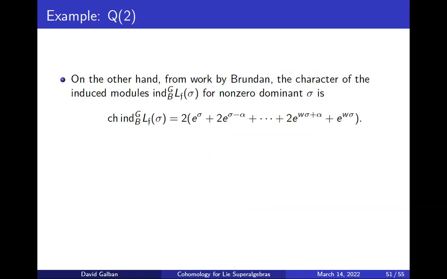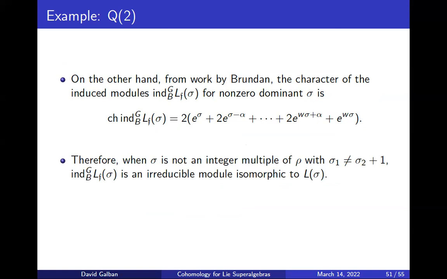However, in addition to this, work by Brundan also computed the characters of the induced modules from B to G of alpha of sigma, and their formula can be given as follows: 2 times e of sigma plus 2 e to the sigma minus alpha and so on. Based on that and the characters of the irreducible modules, as long as sigma is not an integer multiple of rho, with the added condition that sigma 1 is not equal to sigma 2 plus 1, the induction from B to G is an irreducible module isomorphic to L of sigma.